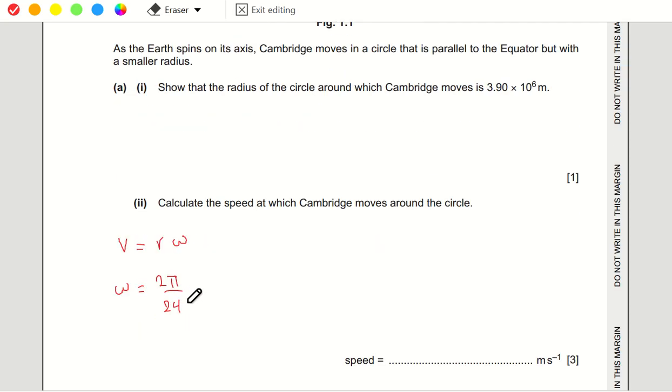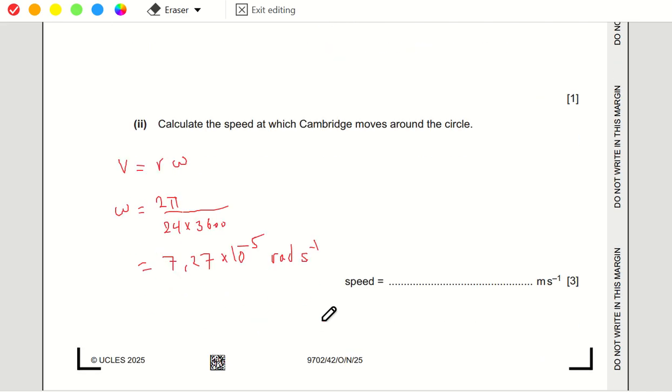So here 24 hours, and we will convert it to seconds and the answer will be 7.27 times 10 to the minus 5 second to the minus 1.